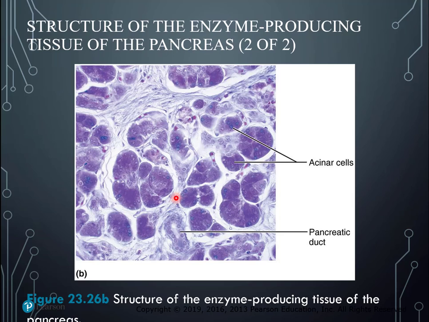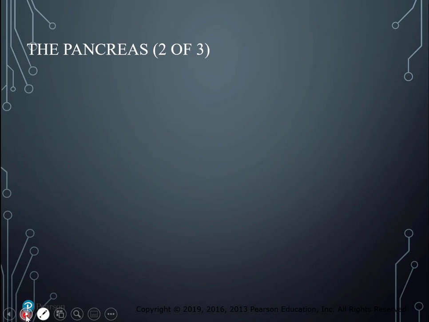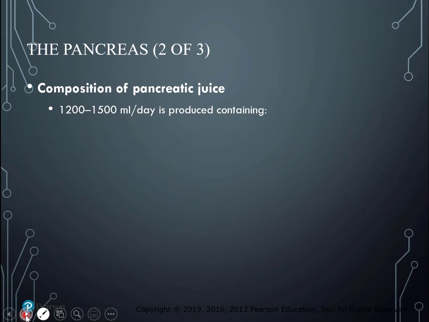This is a histological picture of the acini of the pancreas that release pancreatic juice. The pancreatic juice is roughly 1,200 to 1,500 ml per day. It's very watery and alkaline.